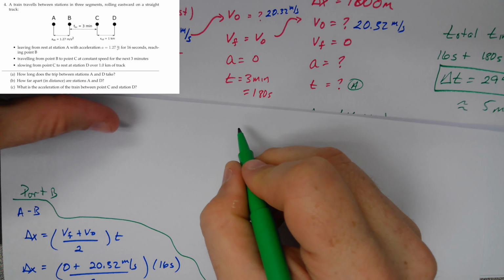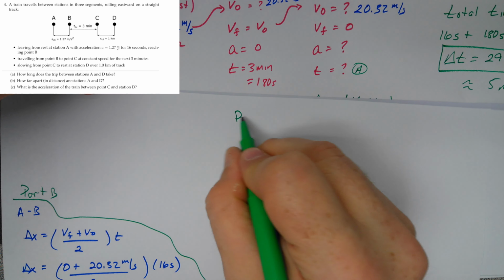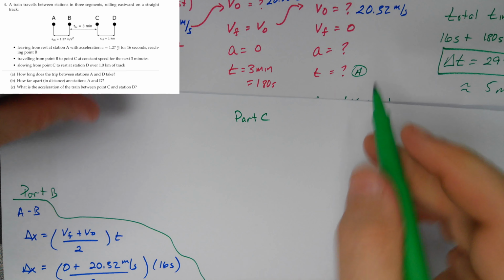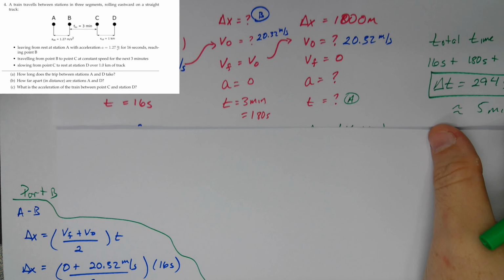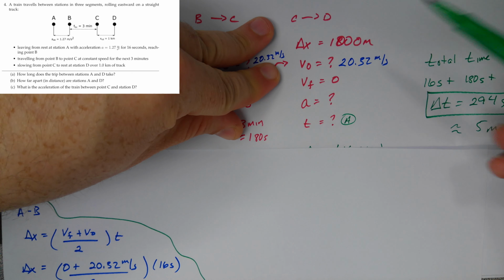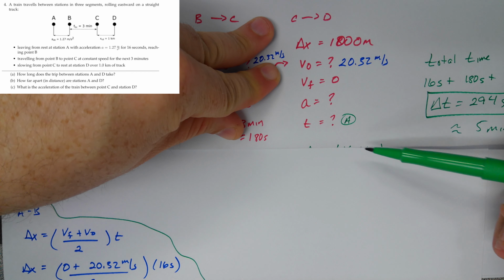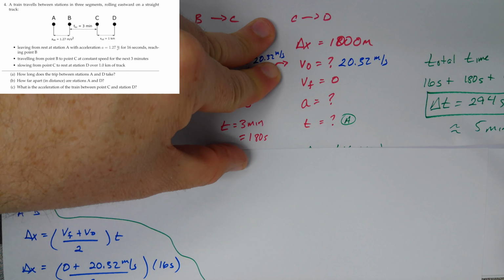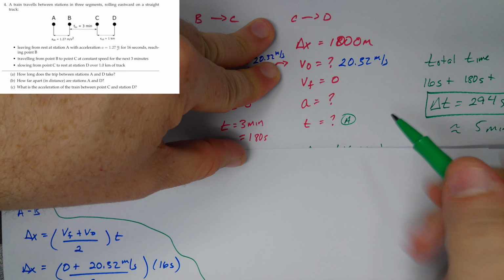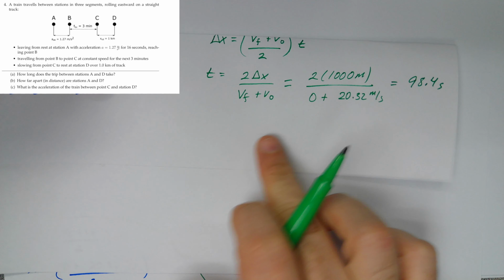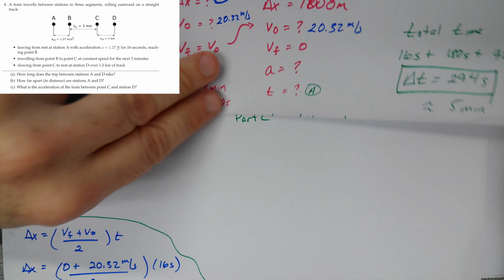So for part C, all right, we need that acceleration given the numbers that we have before, right, from C to D. So these are our numbers. We have the time, right? Now we have the time when we did part A. If you remember, we did this part A, we got 98.4 seconds.